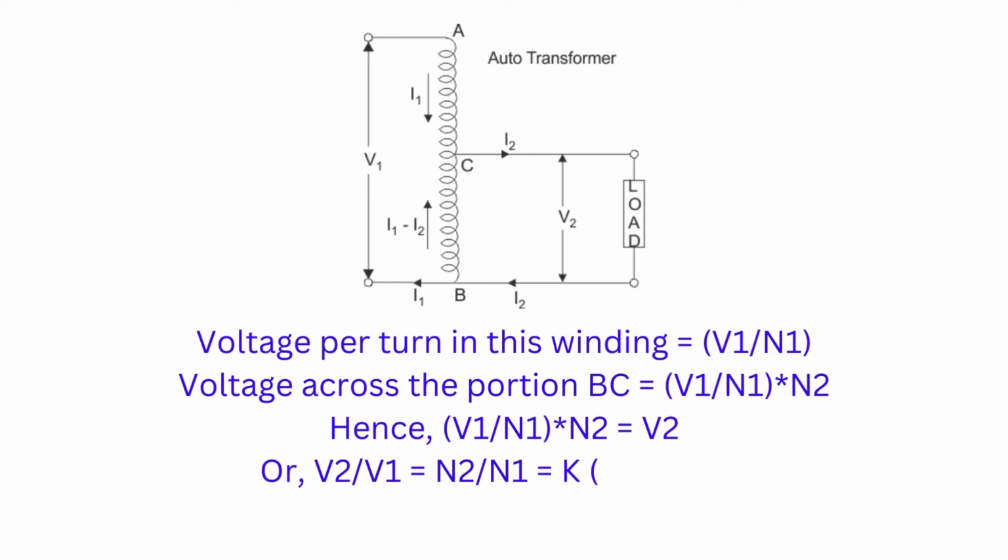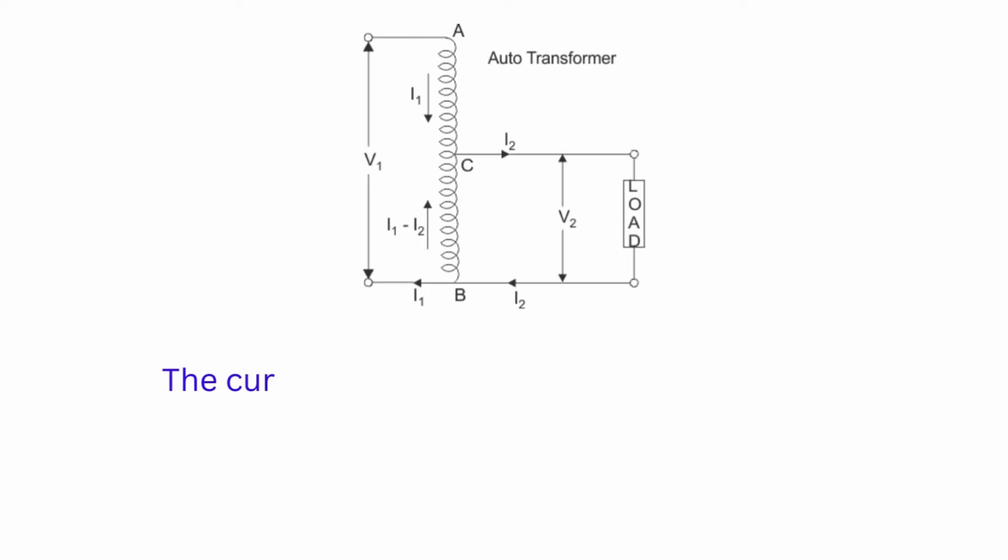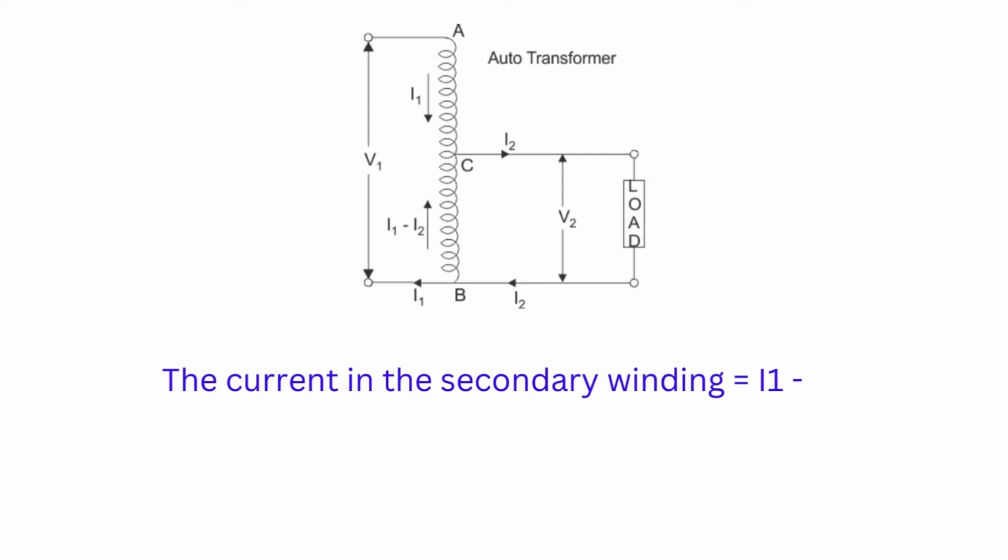Hence, V1/N1 multiplied by N2 is equal to V2, or V2/V1 is equal to N2/N1 is equal to K. This gives us a constant K, which is the turns ratio or voltage ratio of the autotransformer. When a load is connected to the secondary terminals, a load current I2 begins to flow. The current in the secondary winding, or common winding, is then the difference between I2 and I1.